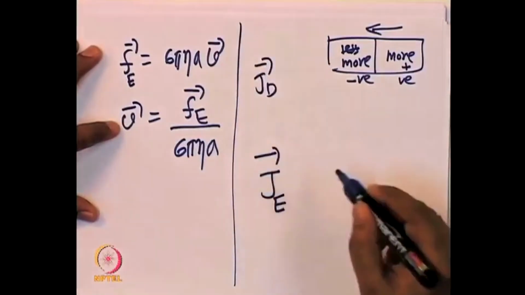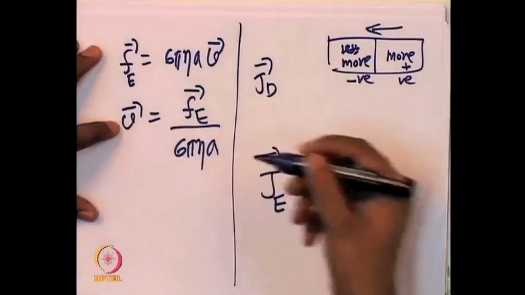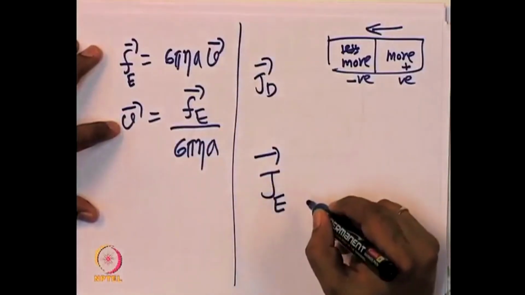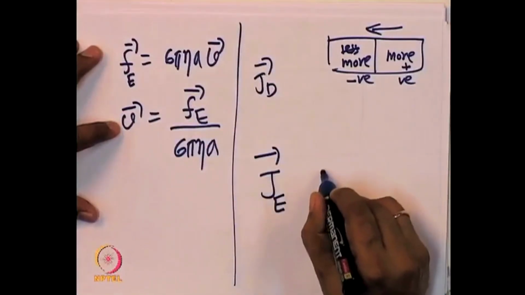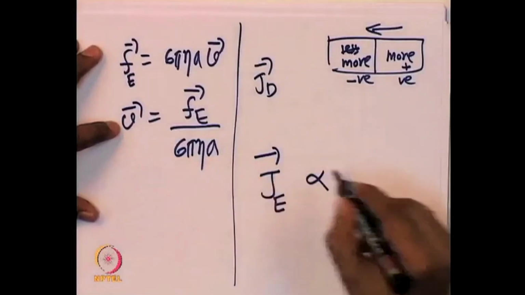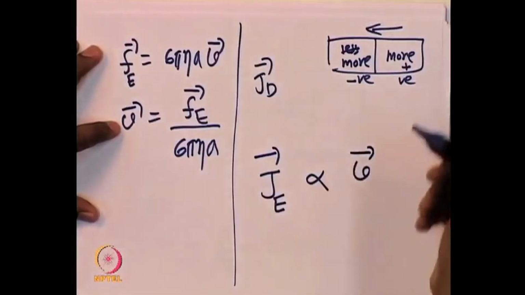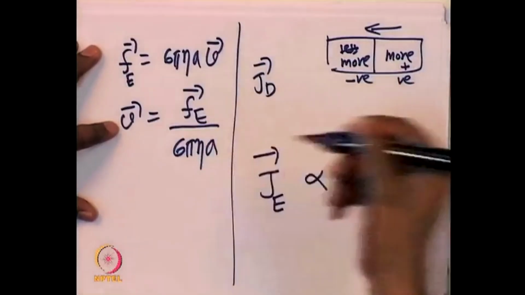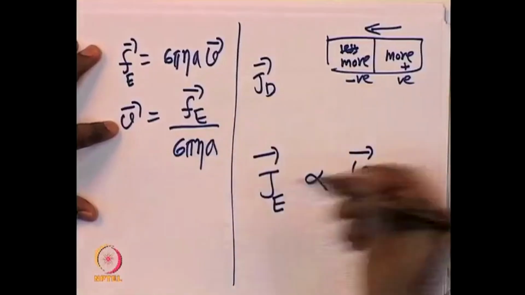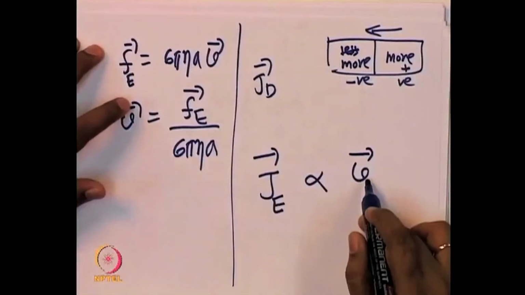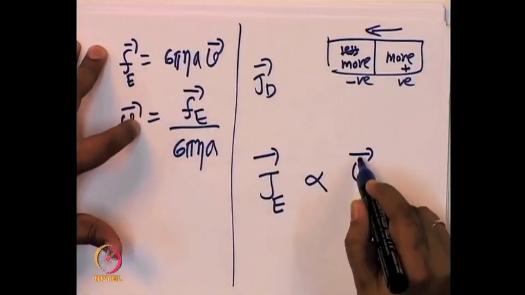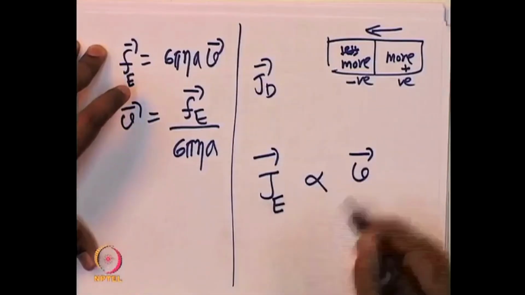Now, we will find the current due to the electrostatic interaction, and we will call it J e. This J e has to be proportional to the velocity, because the more the velocity or the more the force, the more the current. You know that velocity is proportional to the force.